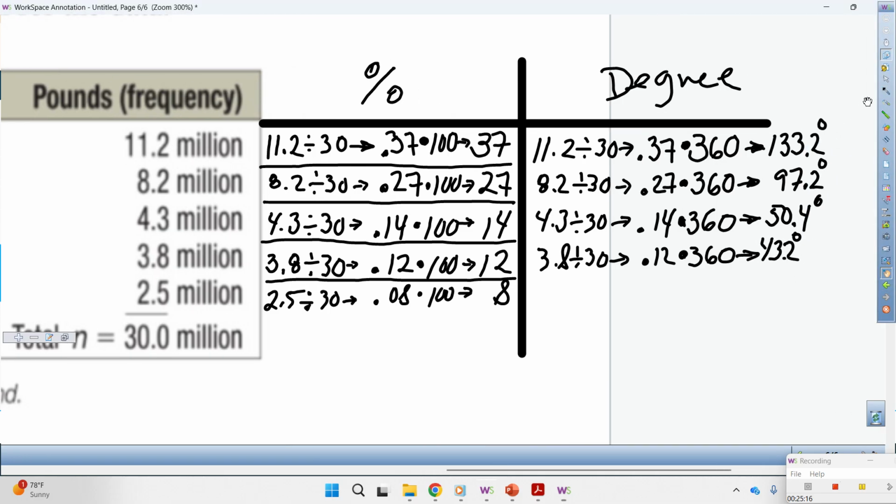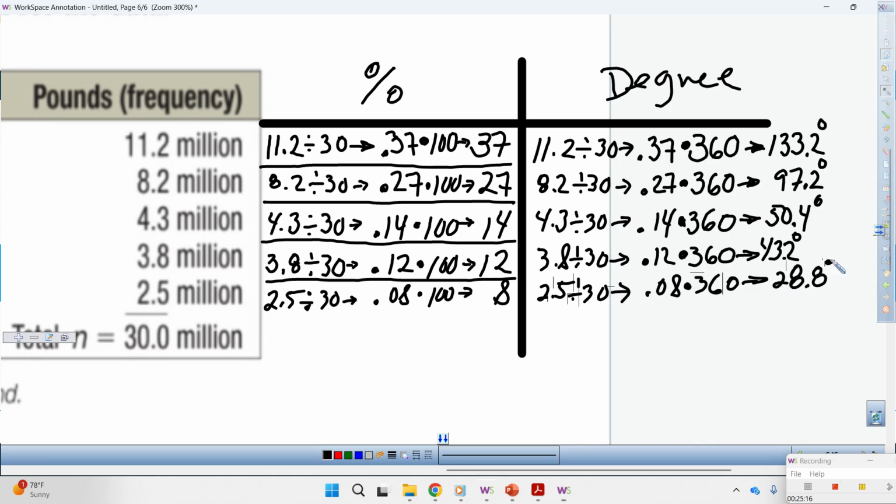And then 2.5 divided by 30 was 0.08 times 360. 28.8.